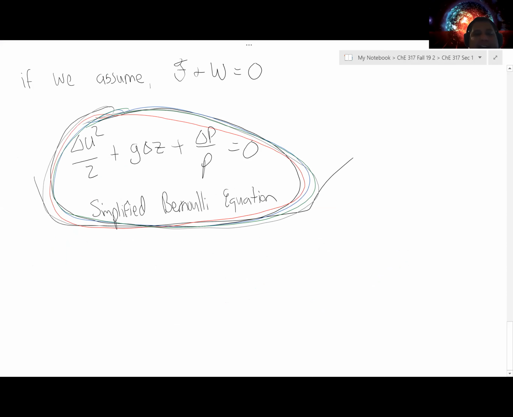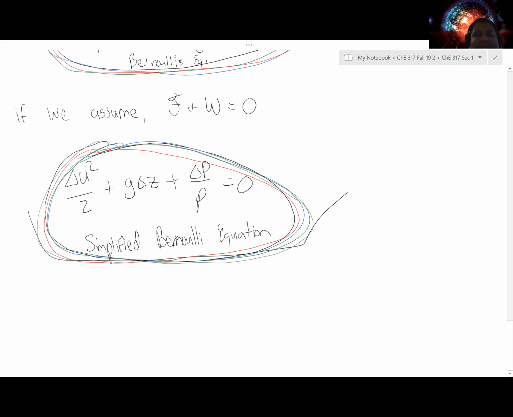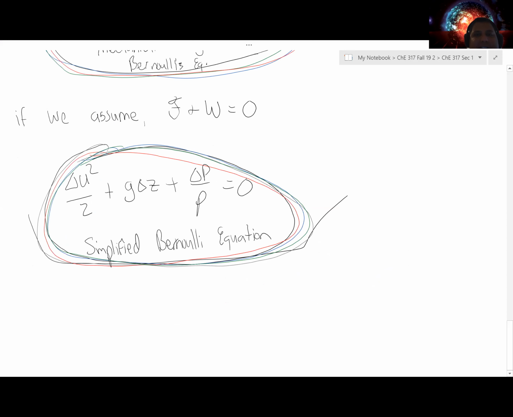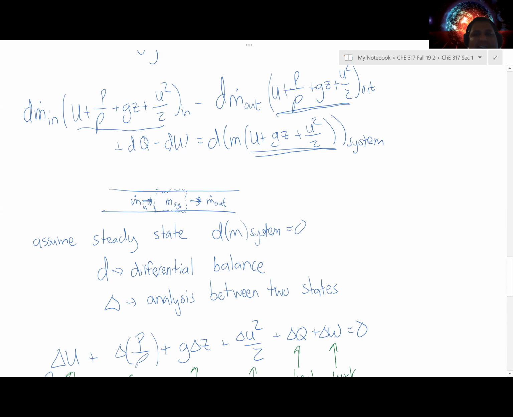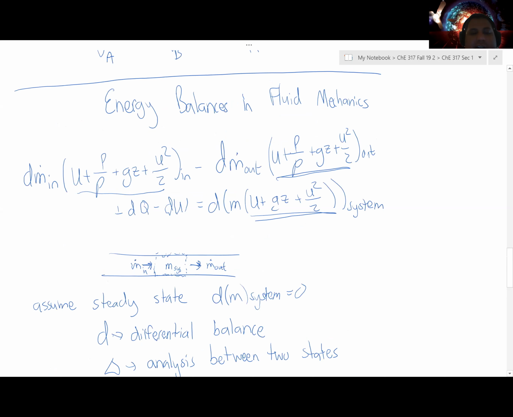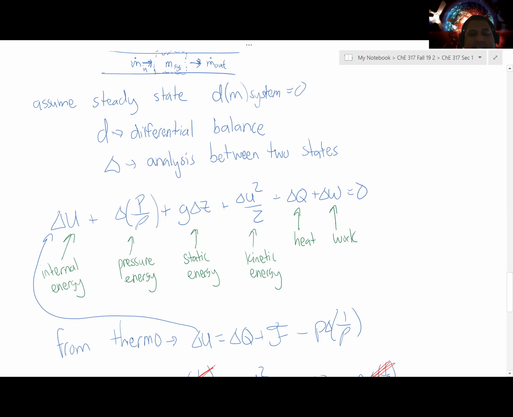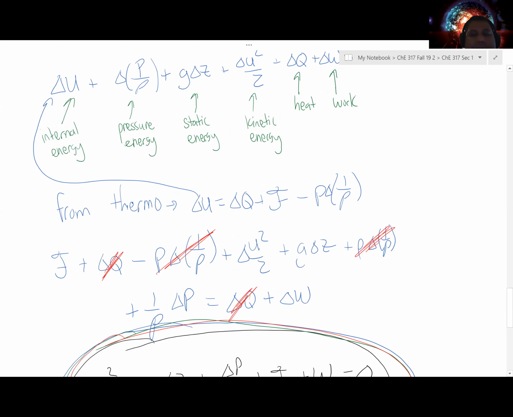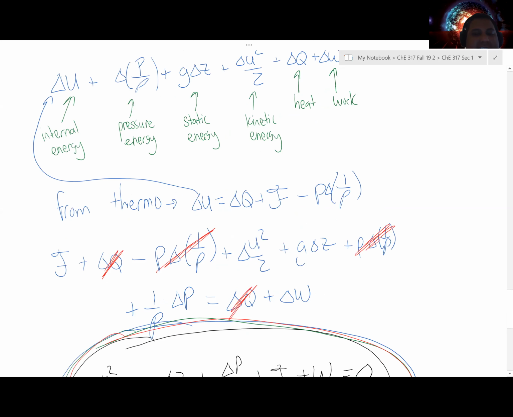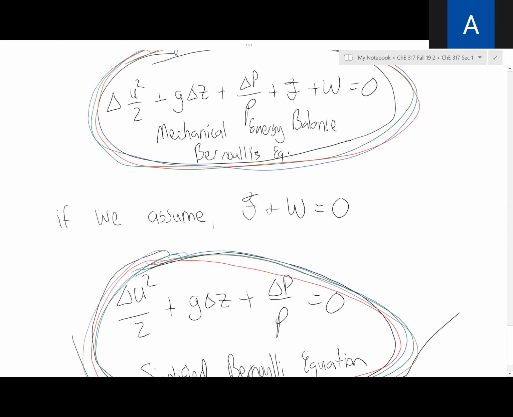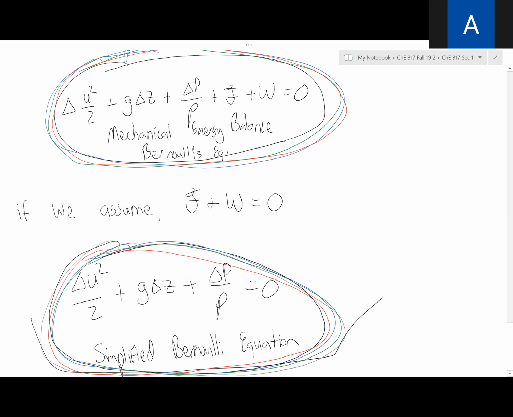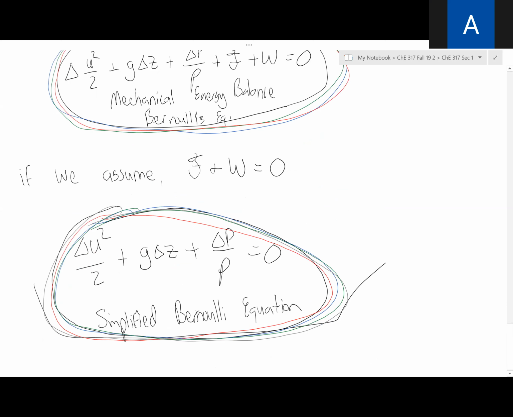So is there any way I can further clarify how we were able to look at a generalized differential energy balance over a volume element in a system, and based on some key assumptions, using thermo principles to get rid of internal energy because nobody wants to calculate that, we can arrive at both the mechanical energy balance, the generalized Bernoulli expression, or the simplified Bernoulli equation.